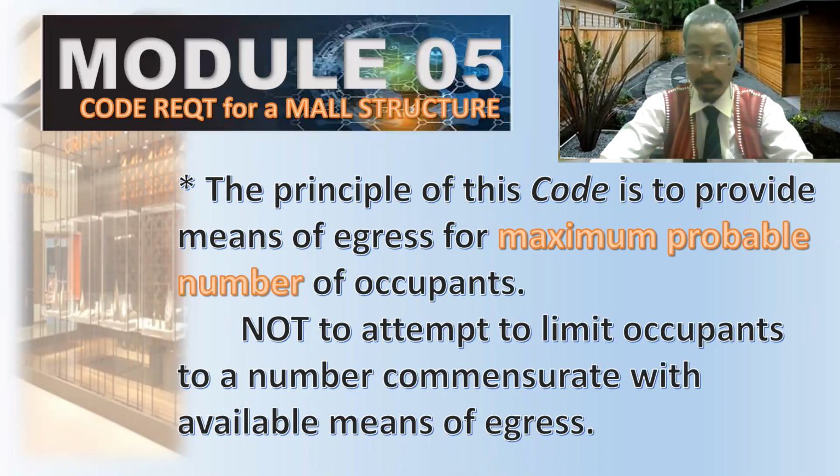So if there are so many occupants for the space, let us design a commensurate means of egress rather than limit the number of occupants that will be able to enter the area. So that is not the principle of the code.